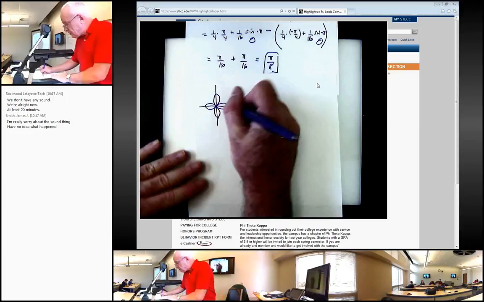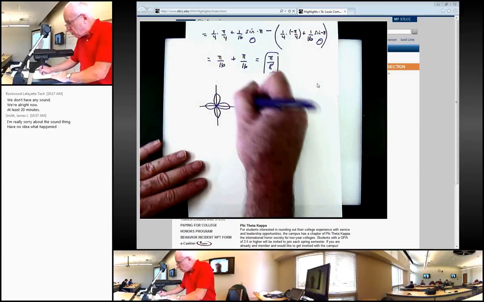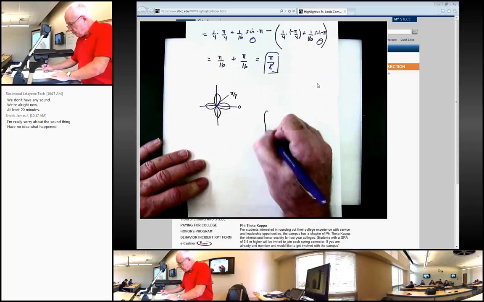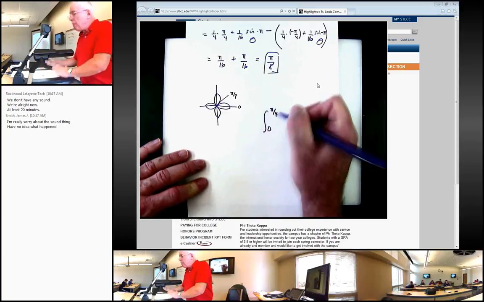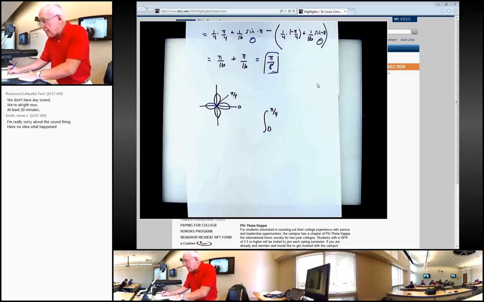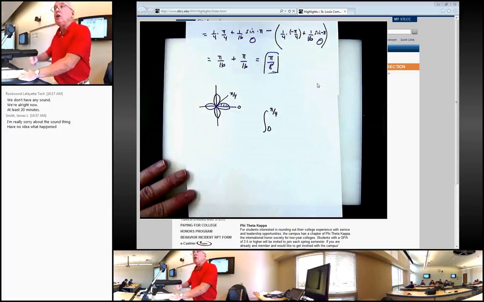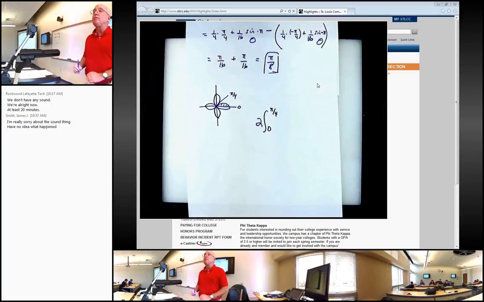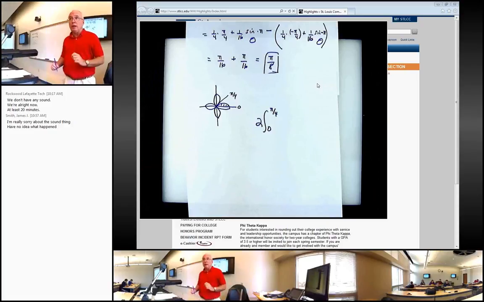I could have just as well gone from 0 to pi over 4. But if I did that, I would only get half of my area, so I have to compensate by multiplying in front by a 2, all right?